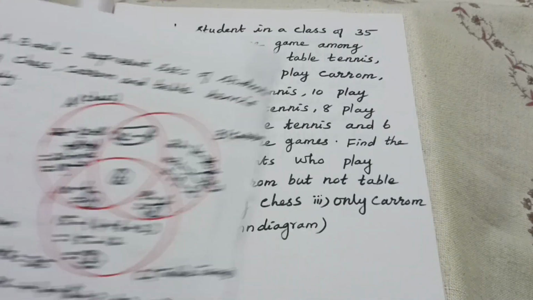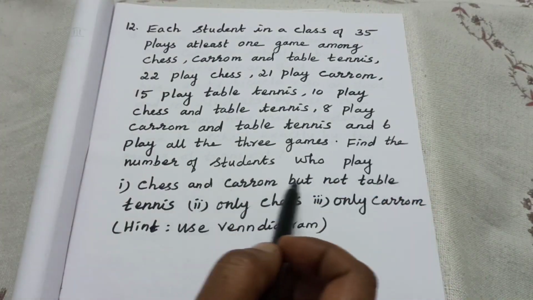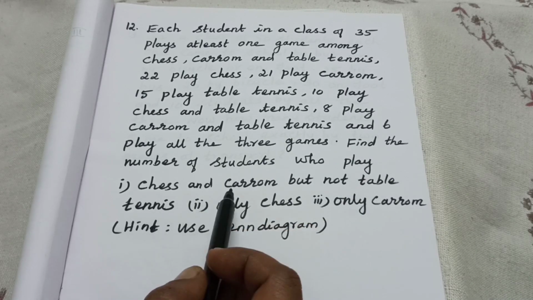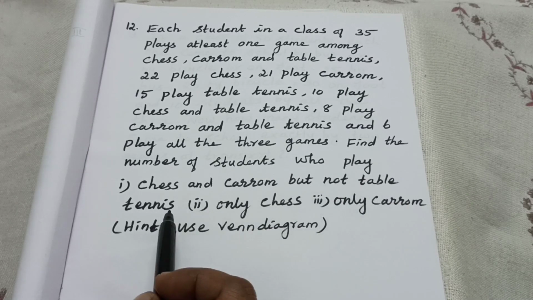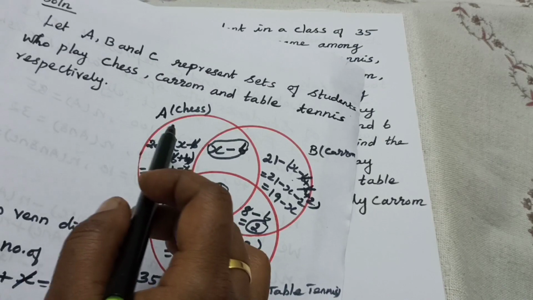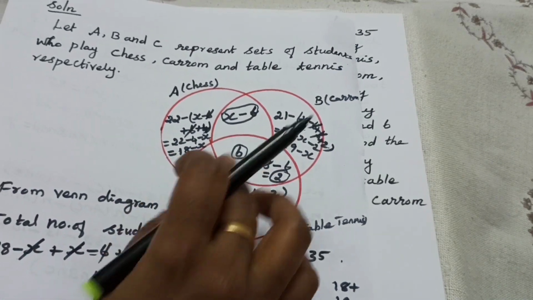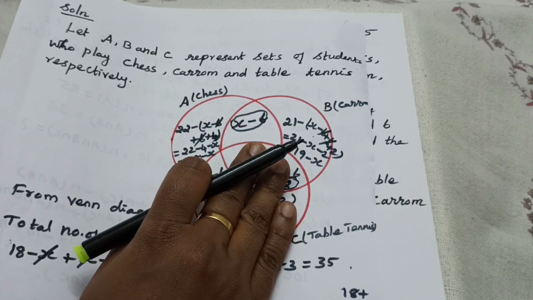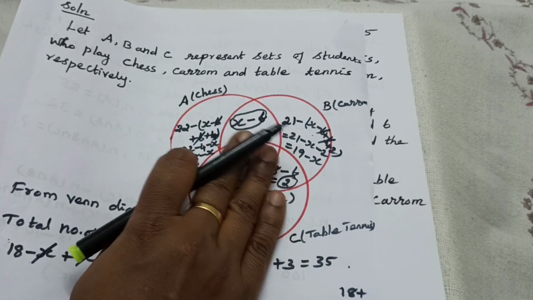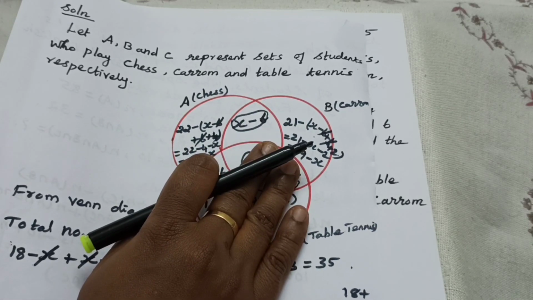Our question is, check the question. Find the number of students who play chess and carom but not table tennis. Okay, chess and carom but not table tennis. That means except this area, except table tennis, how many of them play?